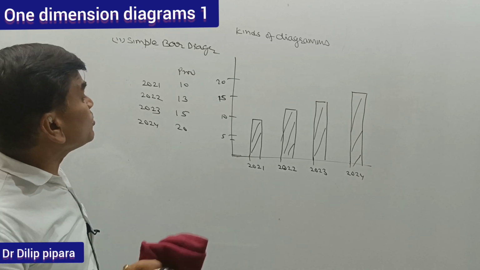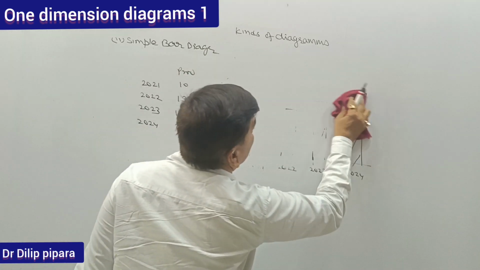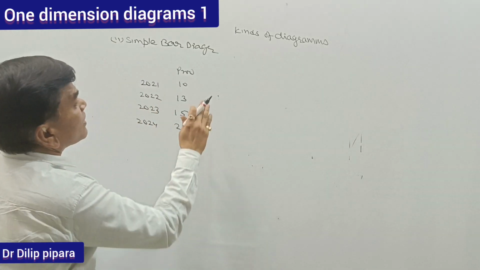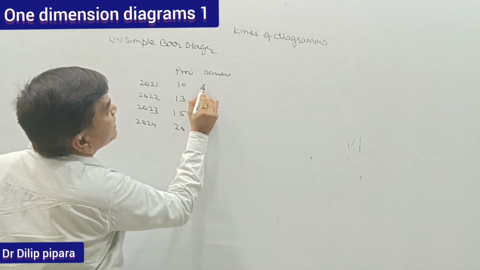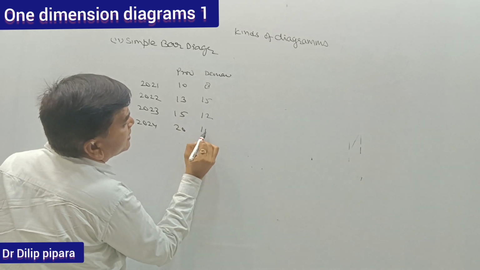Suppose production and demand are both given for the same data. Demand here is 8, here is 15, here is 12 and here is 18.